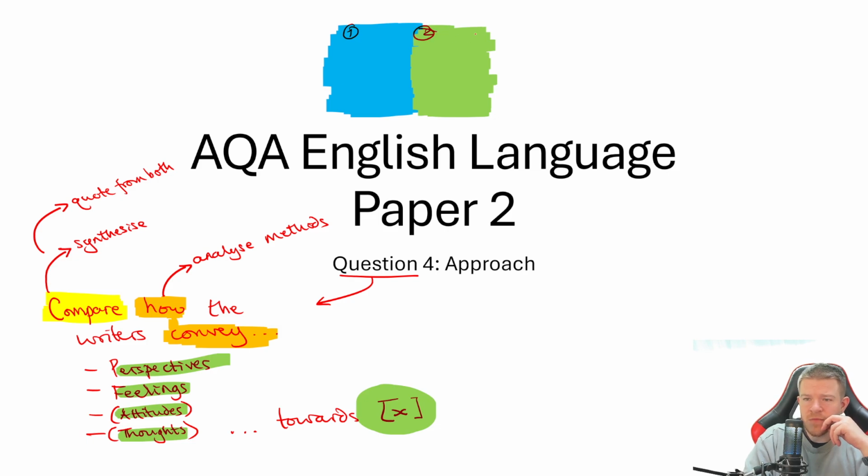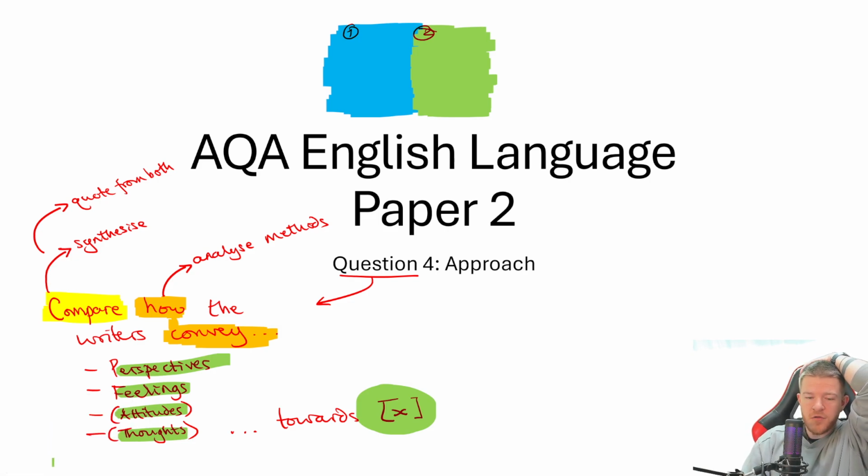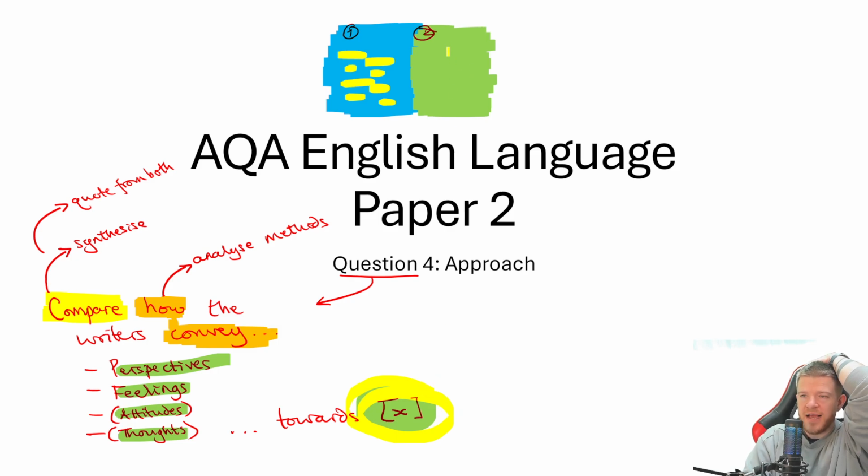Okay, and the approach that we're going to take is as follows. We're going to go through our texts individually, and we're going to find any time the writer mentions the theme that is X, whatever the theme is for X. And we're going to find it in both. Anytime it's brought up, and it will be quite a lot because it's likely to be the main focus.